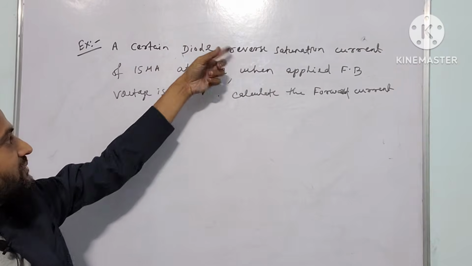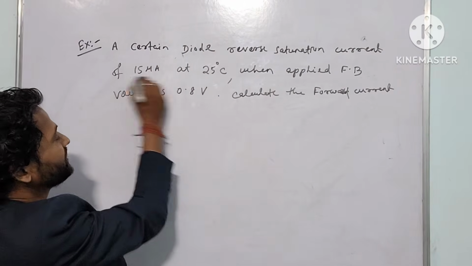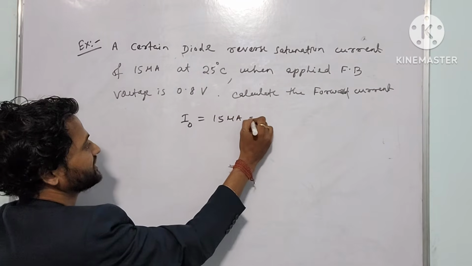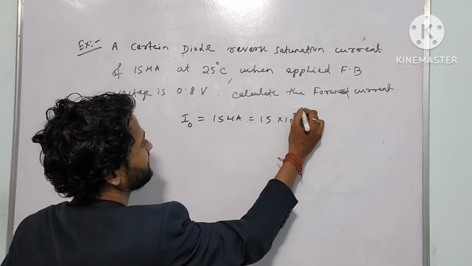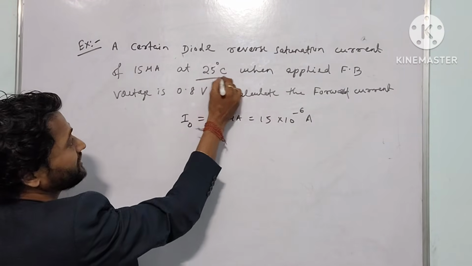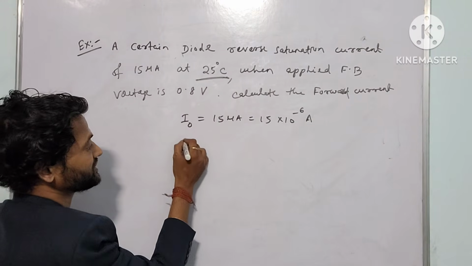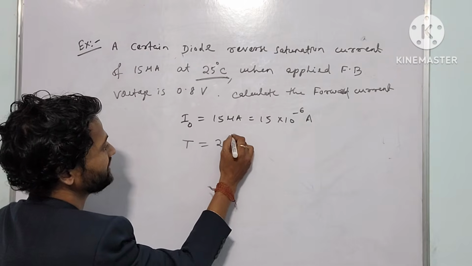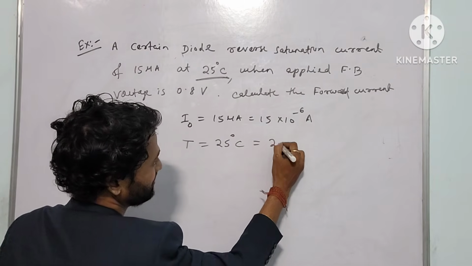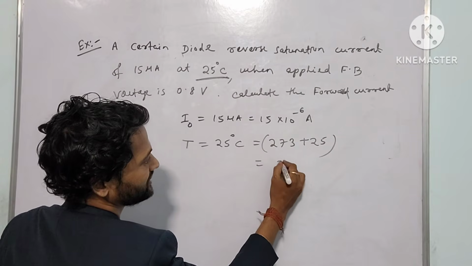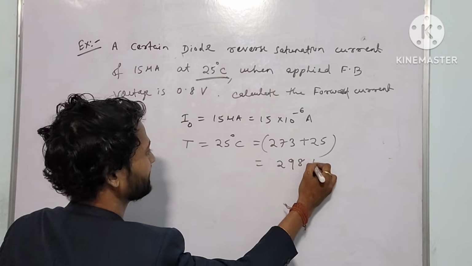One diode is given, its reverse saturation current is 15 microampere, meaning I naught is given as 15 × 10 to the power minus 6 ampere. But here the temperature is not room temperature. T is here 25 degrees Celsius, meaning 273 plus 25, I think it is 298 Kelvin.